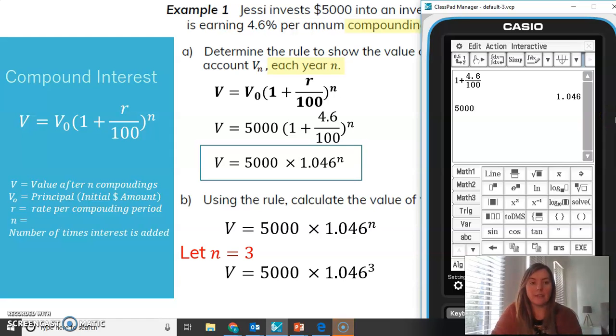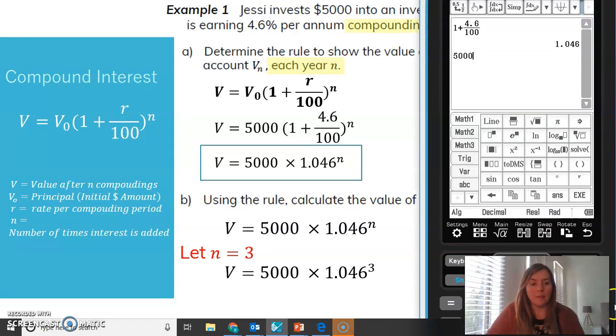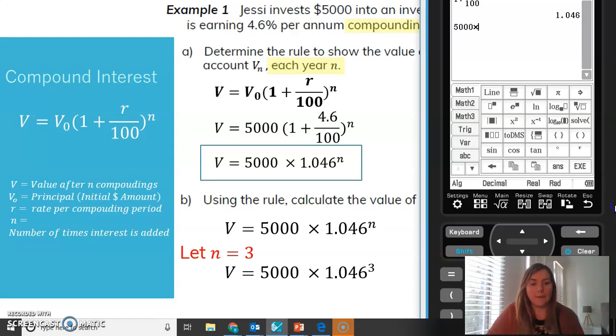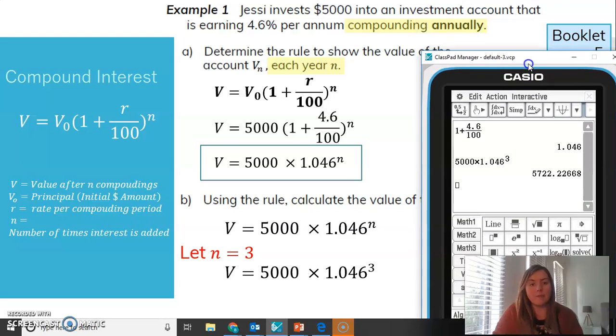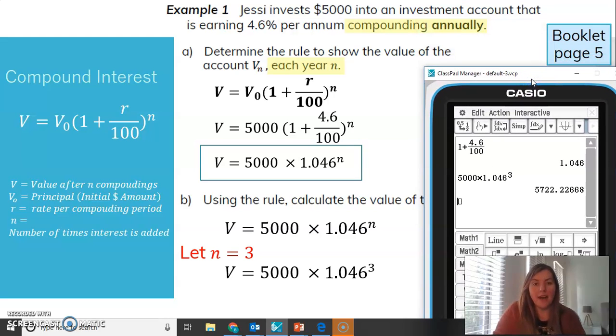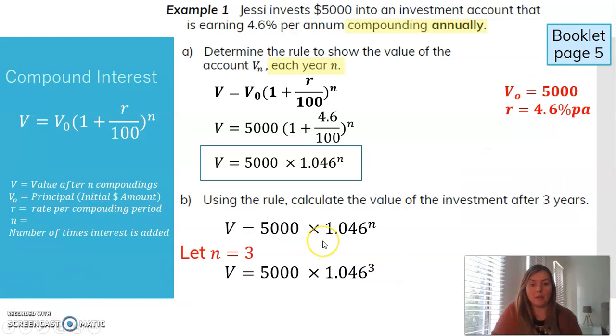I've got 5,000 multiplied by 1.046 to the power of 3. That's telling me at the end of 3 years, Jessie's investment will be worth $5,722.23 when I'm rounding. Now remember to round to 2 decimal places every time for money. All right, there we go.